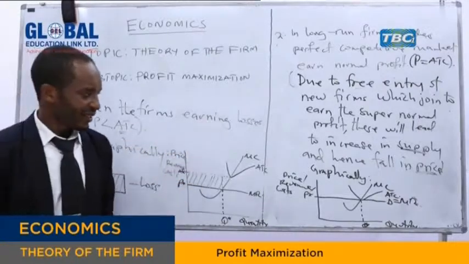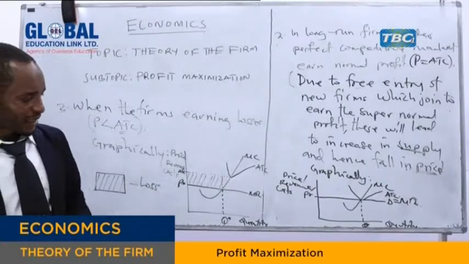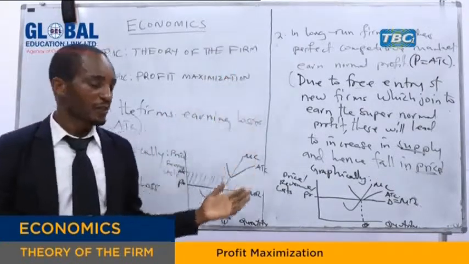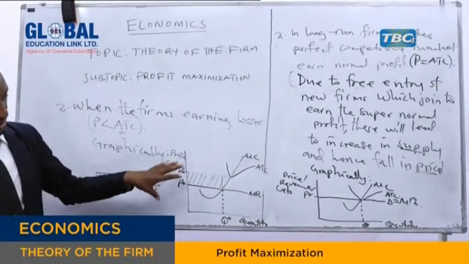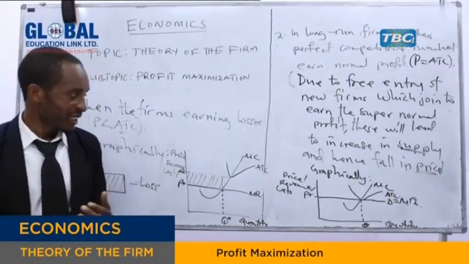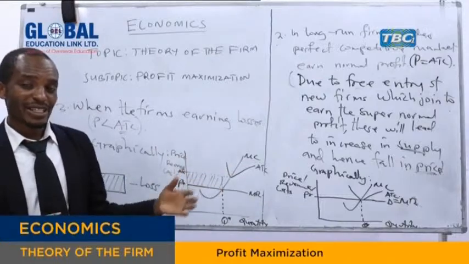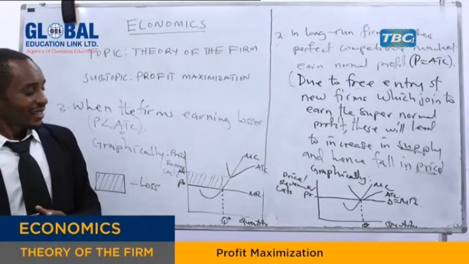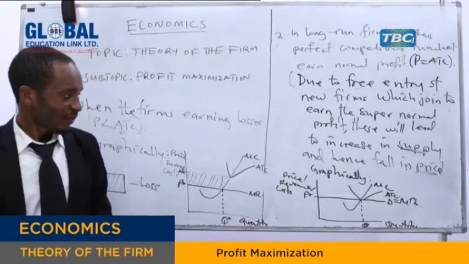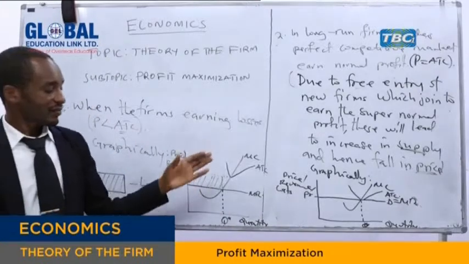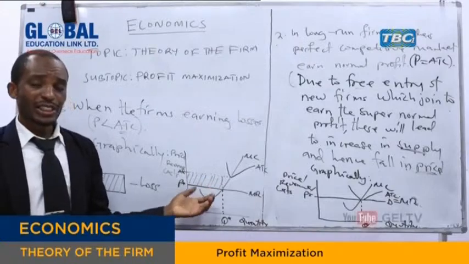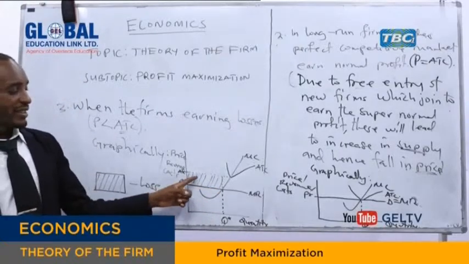These three concepts of profit, supernormal profit, normal profit, and losses, are very important to know in order to see which situation the firm or the business is in. If it is making a loss, you can take some precaution or decisions to avoid this situation.